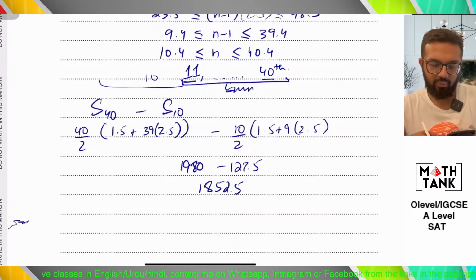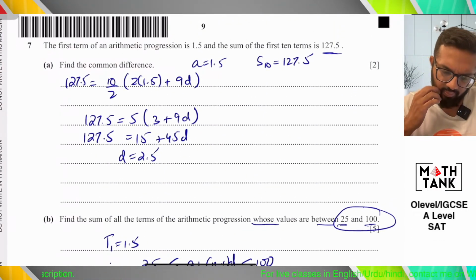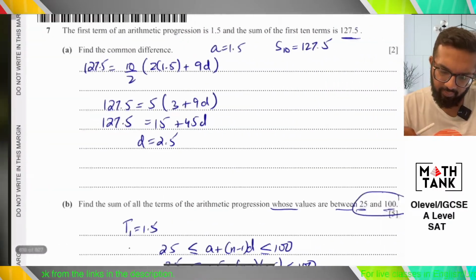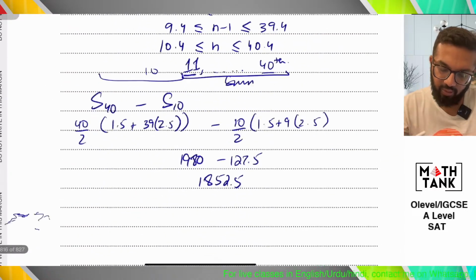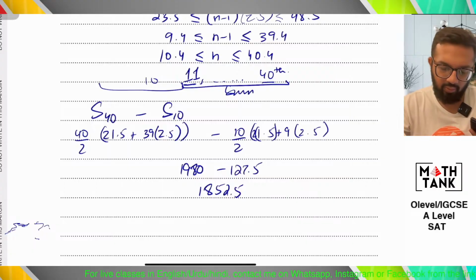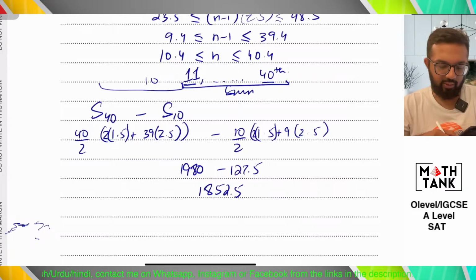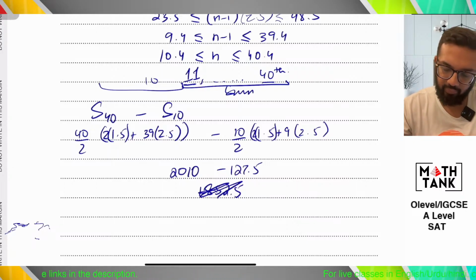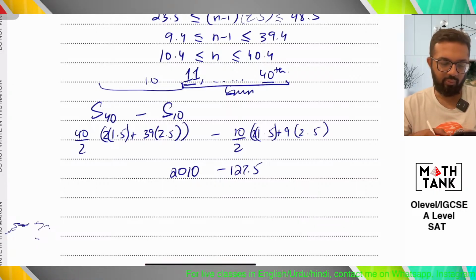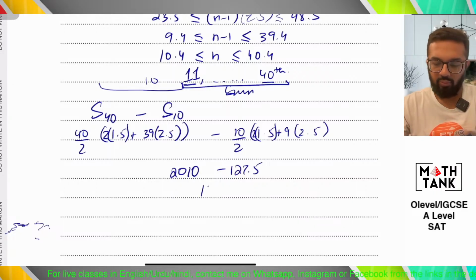N over 2 times... Oh, really silly mistake. 2010. 1882.5.